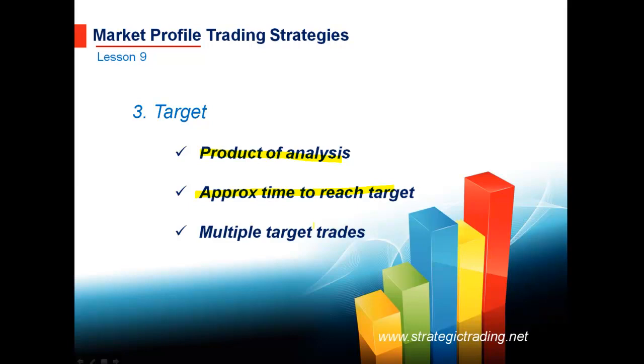How long do you think it'll take to reach this target? If you are a half-hour trader, it's going to take an hour, 2 hours. Usually by the time the market does this and that, it takes 2 hours. So if I'm an hour and a half into the trade and I still have some profit, but it really hasn't moved in the way that I had anticipated, it may be time to pull back.